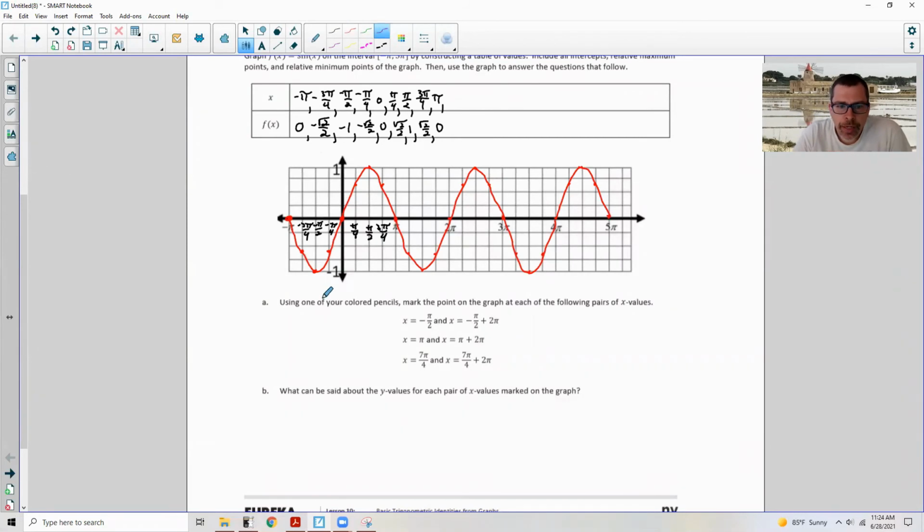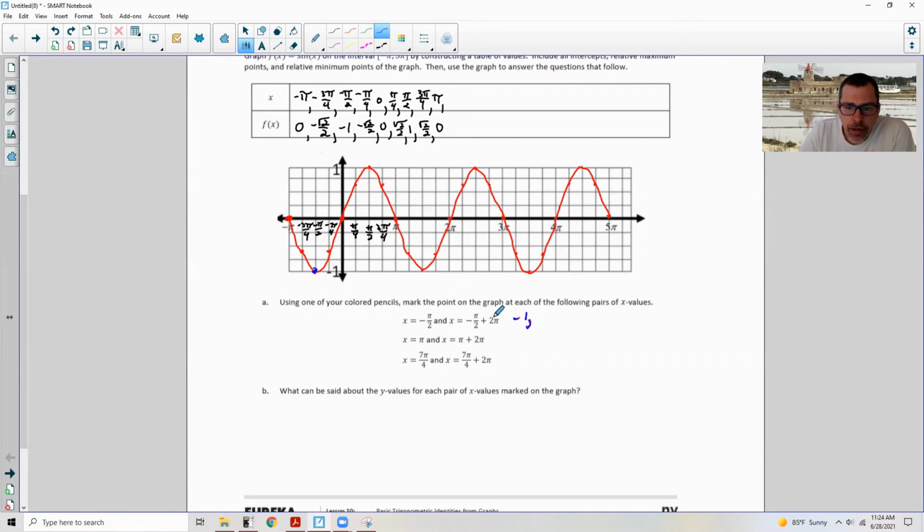Okay, so part A now says using one of your colored pencils, so I switched to blue, mark the point on the graph at each of the following pairs of x values. X equals negative pi over 2 was negative 1. And I'll mark that right here, negative 1. And x equals negative pi over 2 plus 2 pi.